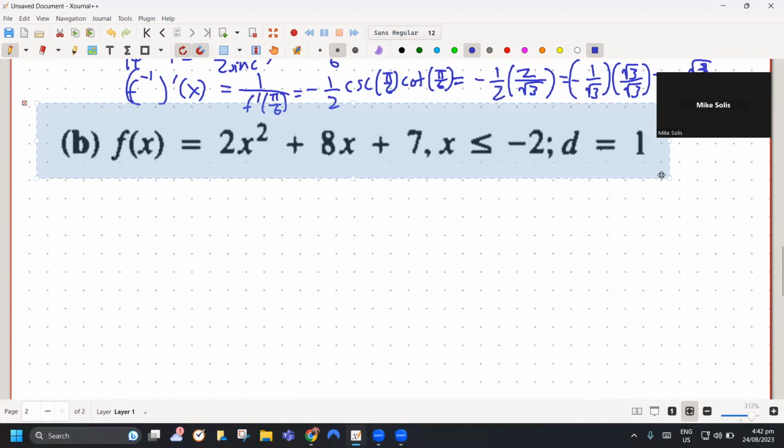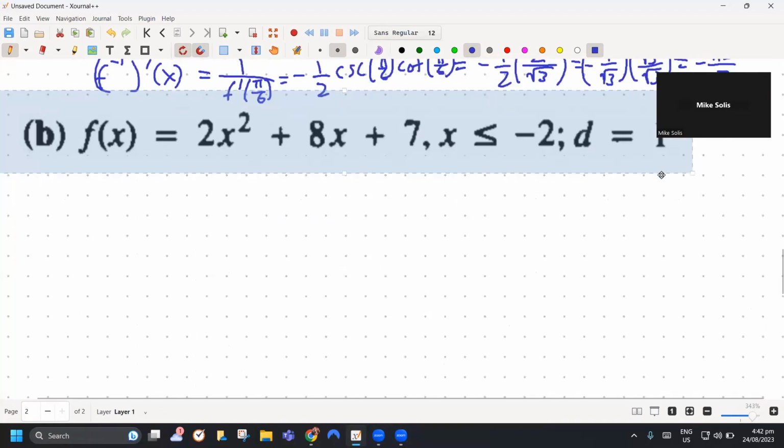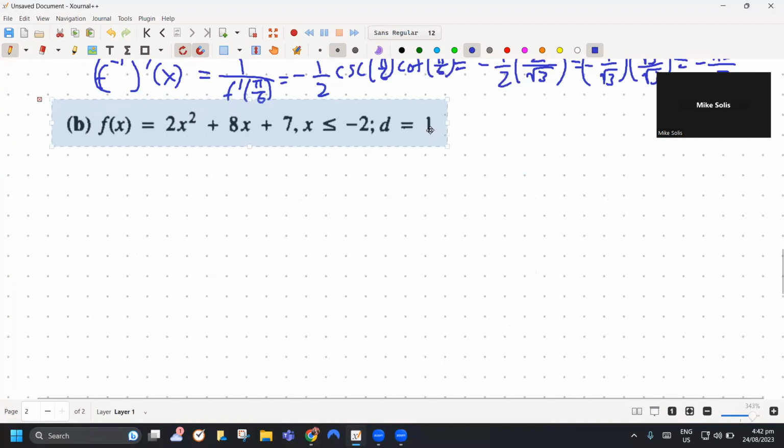Okay, what's letter B? 2x squared plus 8x plus 7 is equal to 1.